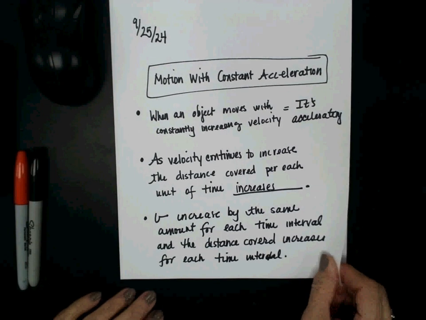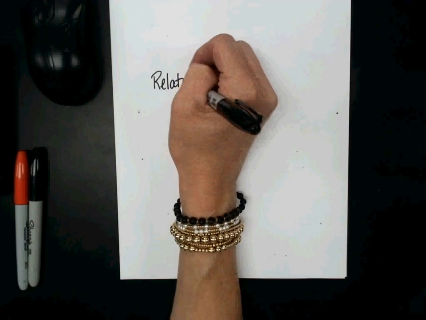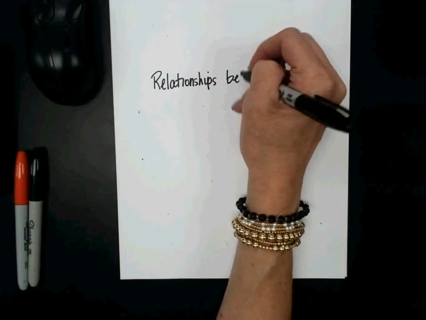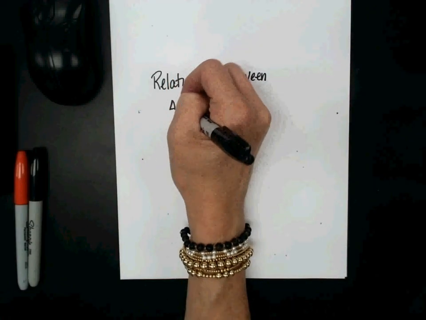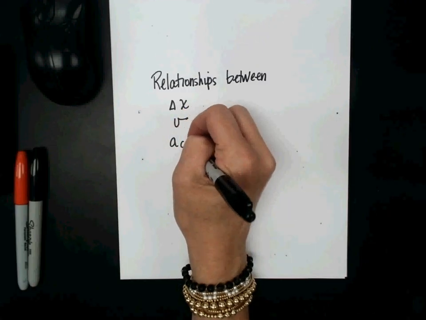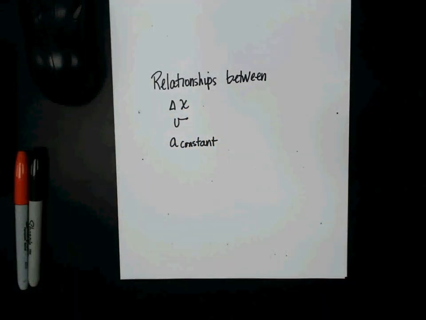So when we look at all those things, we can look at the relationships between delta x, v, and acceleration when it's constant. I'm putting that there so you'll remember we're talking about constant acceleration. We don't normally write that.